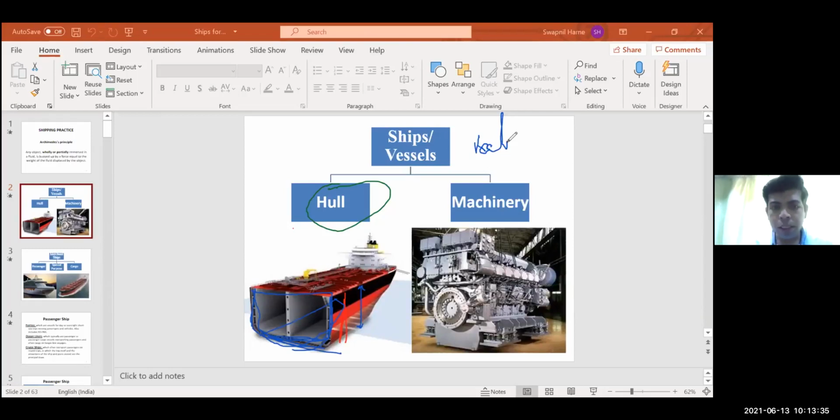So the very first thing laid down is the keel, and above that the various sections or parts of the plates are added. We call these plates a bulkhead. So in simple terms, at home you have a wall, on the ship you call it a bulkhead, as simple as that.